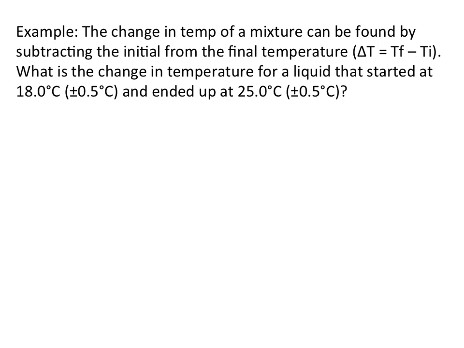Here we have the change in temperature of a mixture, which can be found by subtracting the initial from the final temperature. We want to know the change in temperature for a liquid that started at 18 degrees Celsius, and our final temperature is 25 degrees Celsius. Whenever you're doing problems, you always want to start with the equation. So change in temperature is final minus initial.